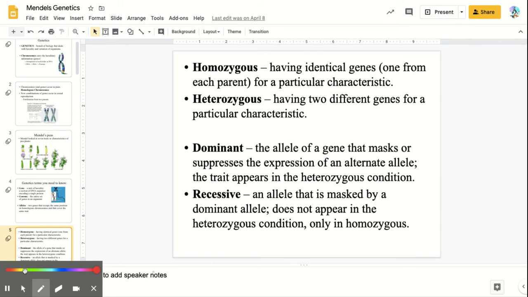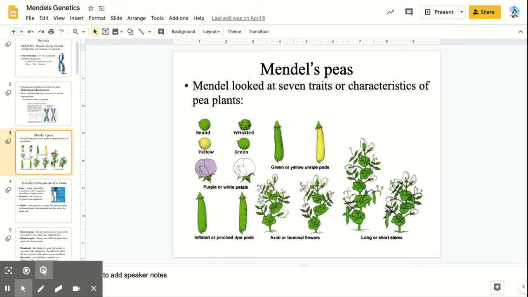So when we do this, homozygous, we're going to use the letter A. So dominant is always capital. So if I'm talking about, we're going to go back to pea plants. If I want axial or terminal, or green or yellow, or if I want purple or white, round or wrinkled, whatever we choose, we're going to have a dominant or a recessive.